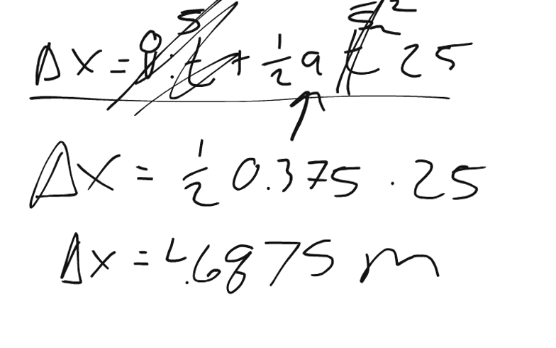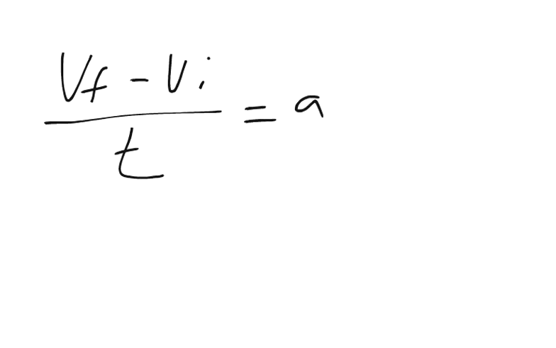And then the last thing it asks is, what will its velocity be at the end of this time? So we know that the definition of acceleration is the change in velocity over time. We have a 5-second time interval and an acceleration of 0.375 meters per second squared. So we need to solve this.